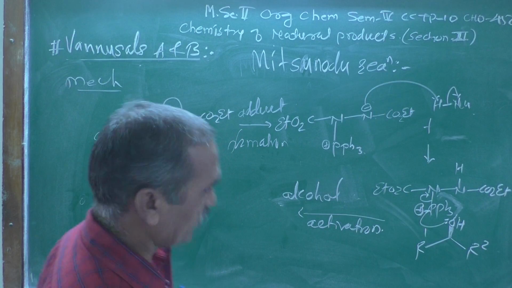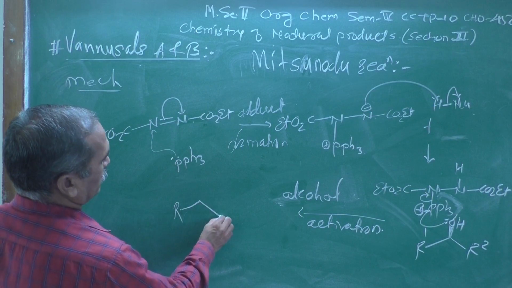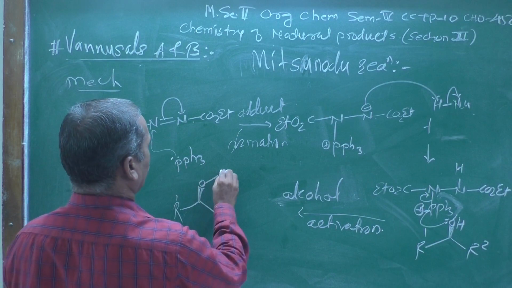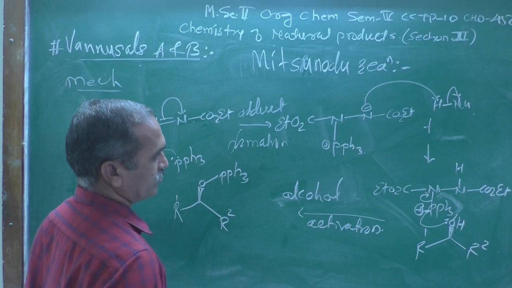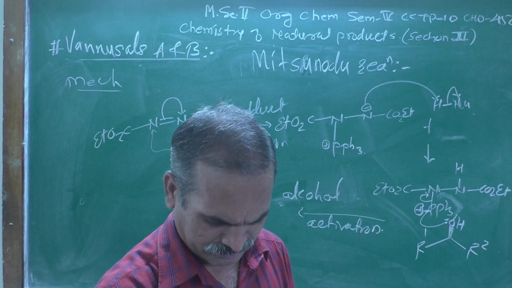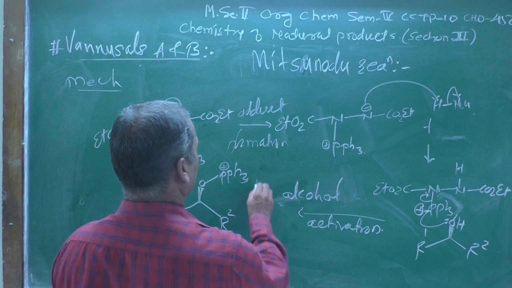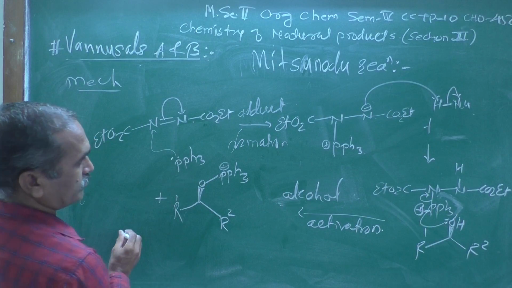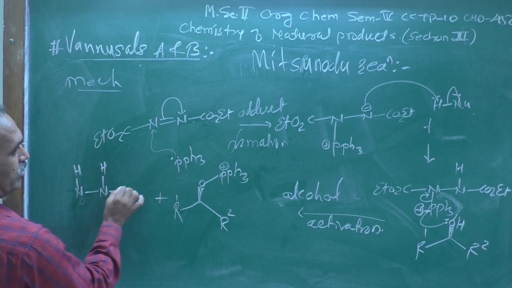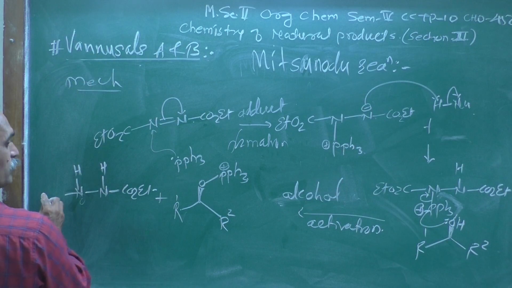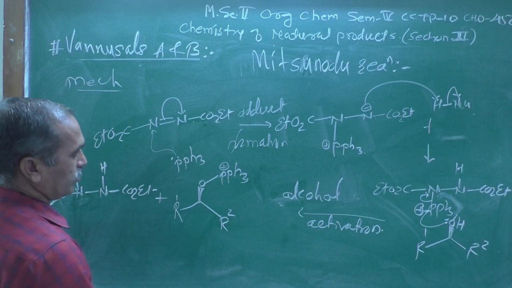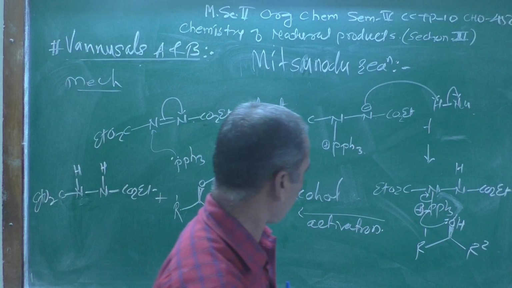After that, you will get this one, R1, R2, the oxygen atom, then there will be PPh3 with a positive charge on it, and plus the rest of the thing, H, you can write CO2Et, here also EtO2C, that is the product which we are getting over here.